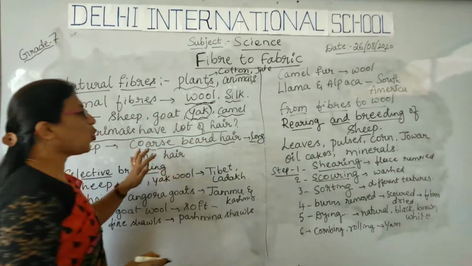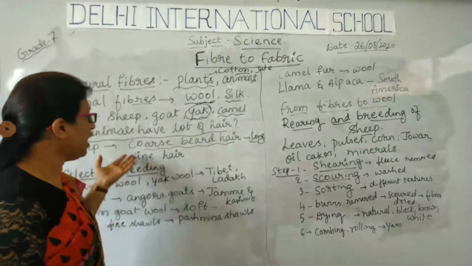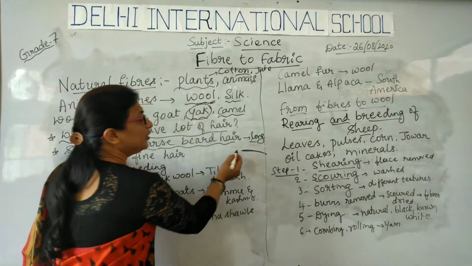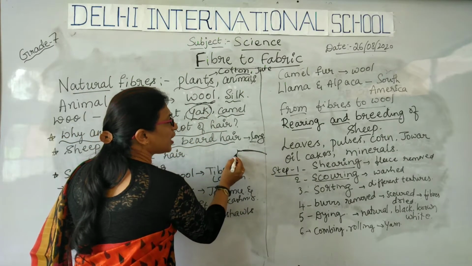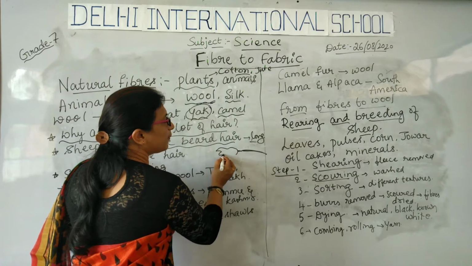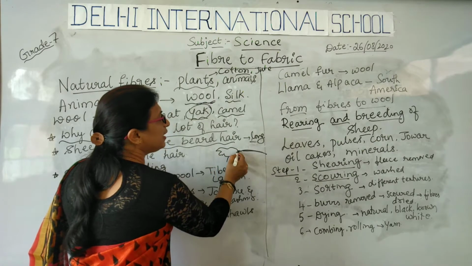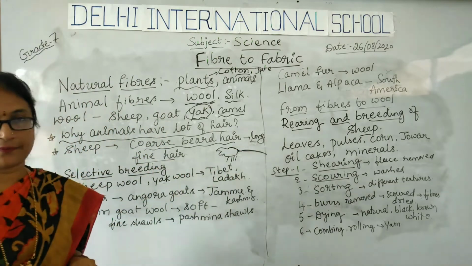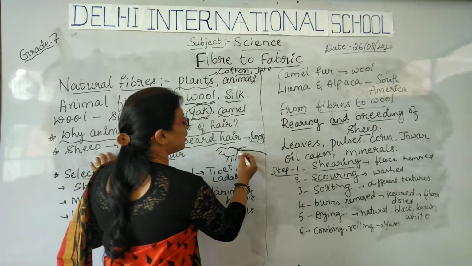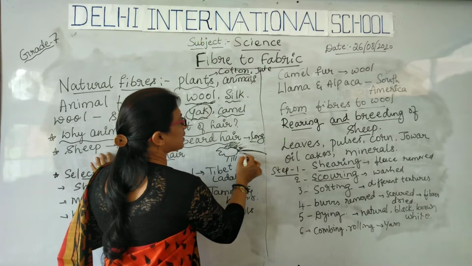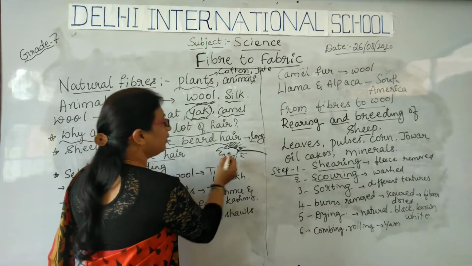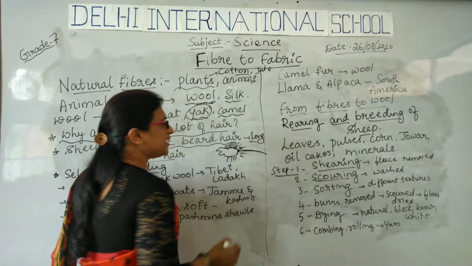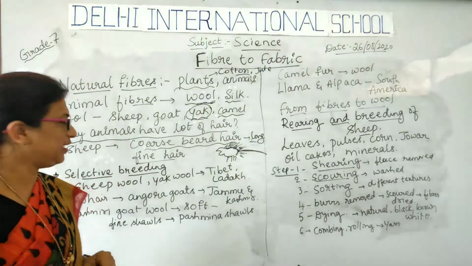Behind that is the fine hair, which is attached to the skin of the animal. The coarse hair present outside the body is called coarse beard hair, and the fine hair attached just above the skin is called fine hair.